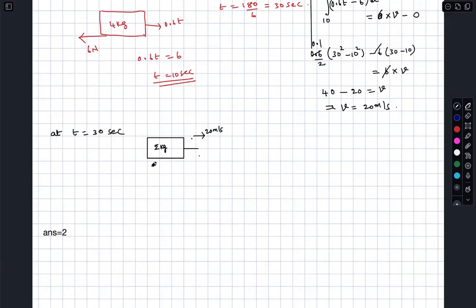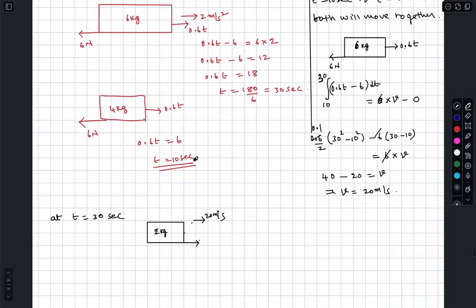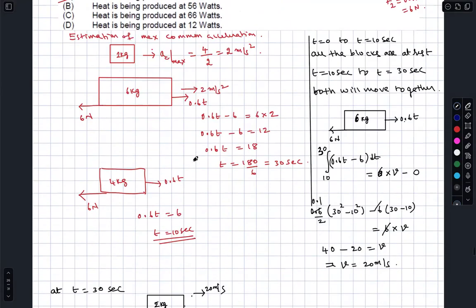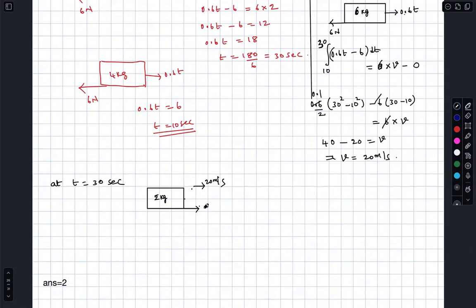And from hereafter, it will experience a constant frictional force, and that is fixed. That amount is 4 newtons.